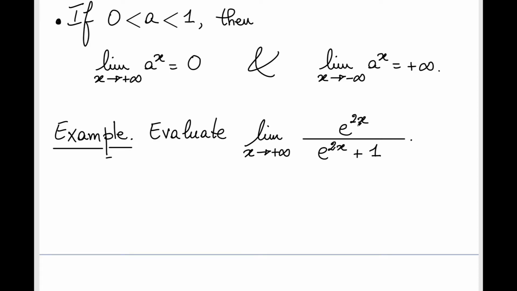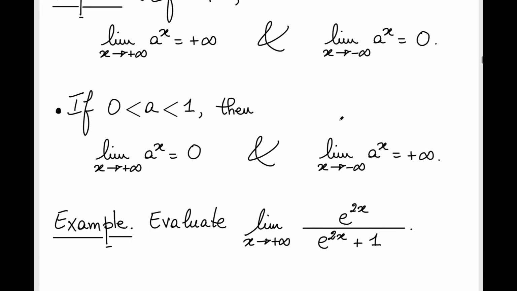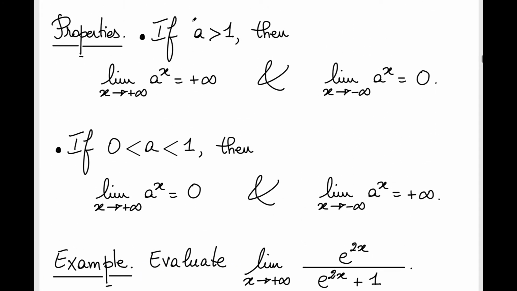And e is bigger than 1. E to something going to plus infinity is plus infinity. Do you agree with that? So that guy is going to plus infinity as x goes to plus infinity.